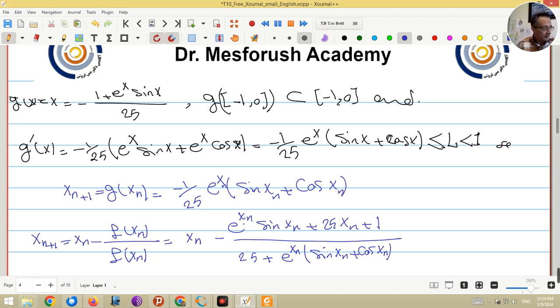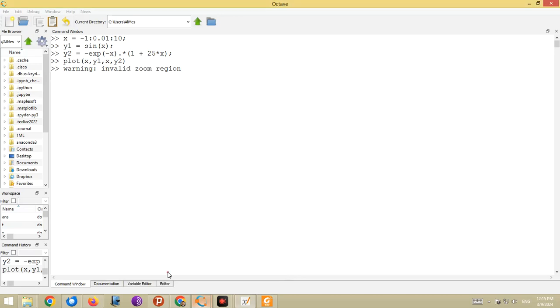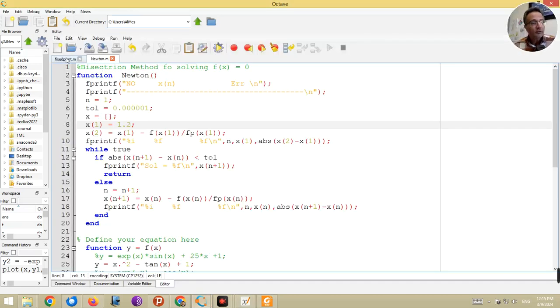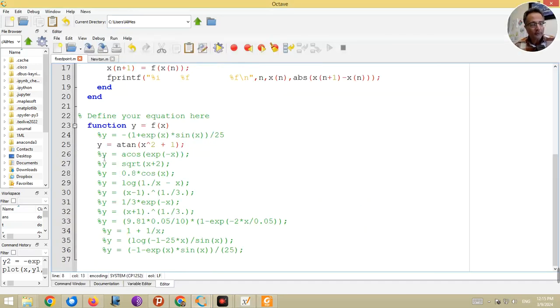This is the clue. Now, let me implement both of these equations for the methods in MATLAB code that I have written before. Let me first show you the fixed point.